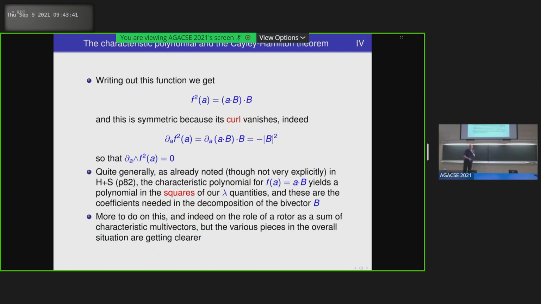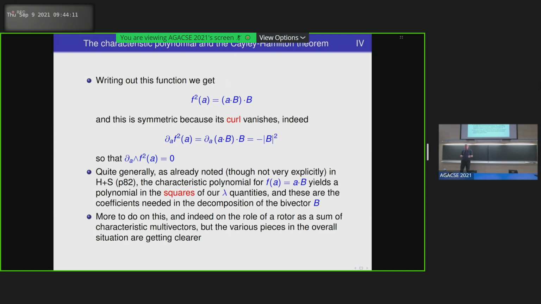Basically, if your f is a dot b, f squared of a is a dot b, and that is a symmetric function. You can see it's symmetric because its curl vanishes. If you take dA of f squared of a, that's dA of a dot b, that works out to minus mod b squared.